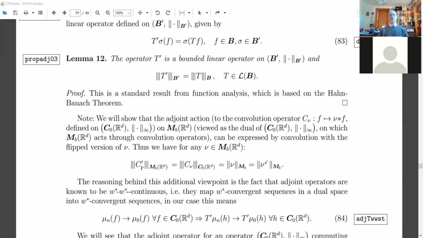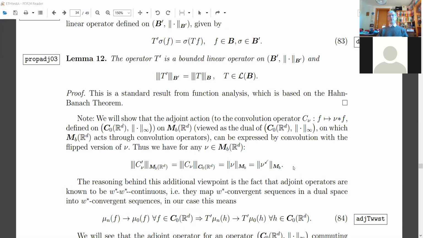The prime makes out of this a measure operator. And the claim is this has the same norm as the original convolution operator, which is the same norm as the norm of the measure nu, which has the same norm as the norm of the flipped measure. Actually, we will see that the adjoint operator is just convolution with the flipped measure. And the good thing is flipped measures have the same norm as the original measures. Why? Because they act on a function like the original nu on the flipped function, and the flip doesn't change the supremum norm of the function. So we have a nice involution.